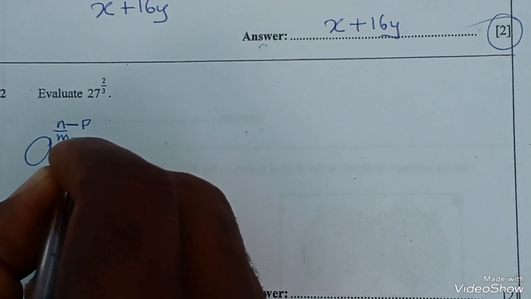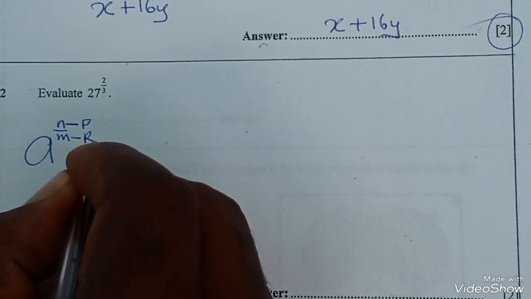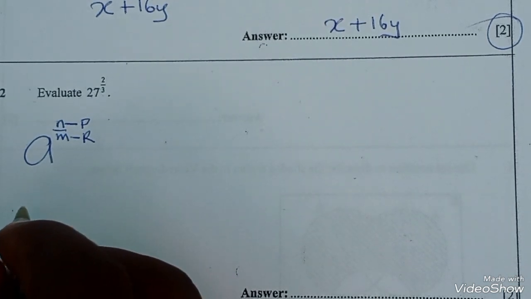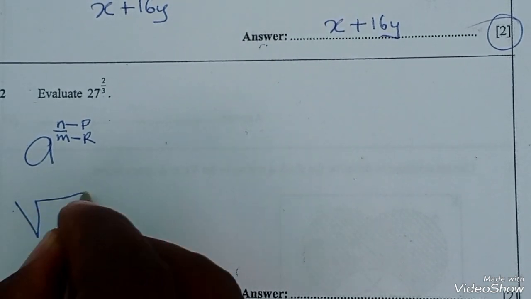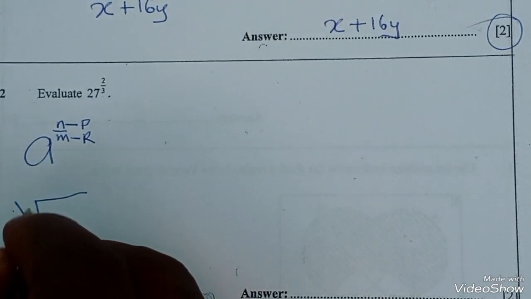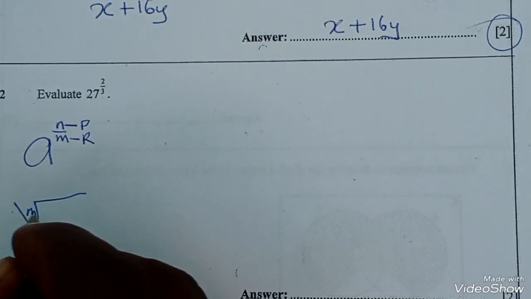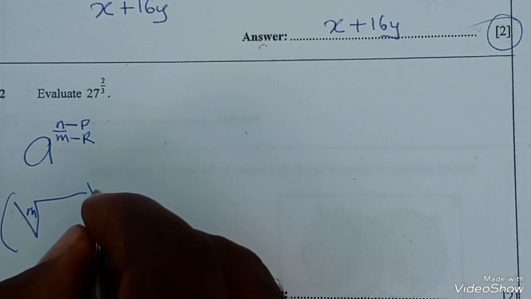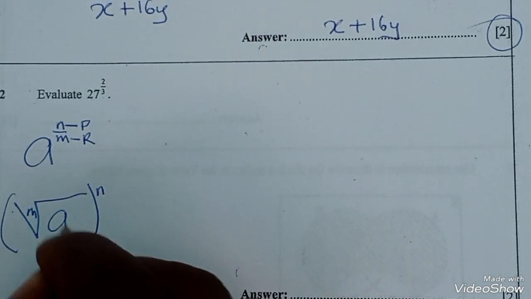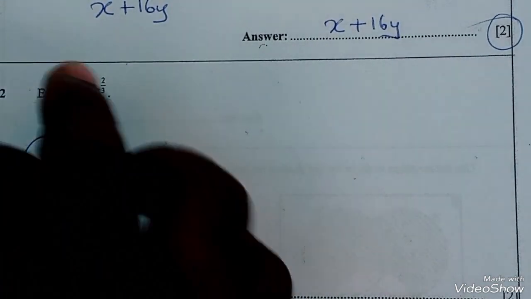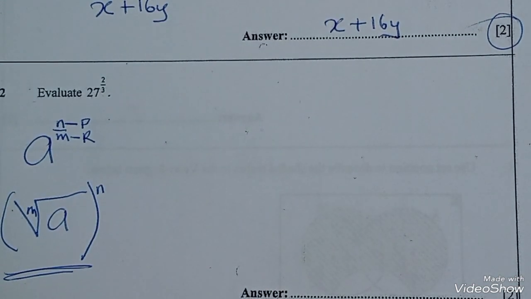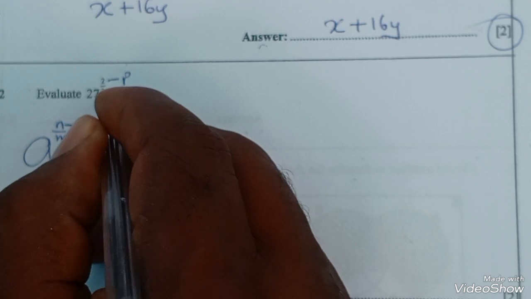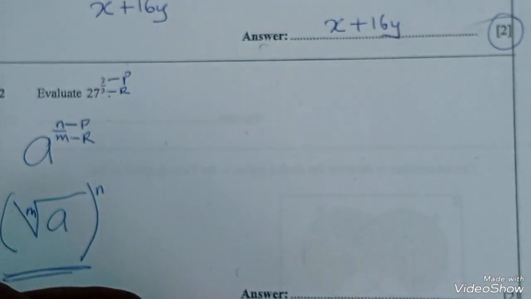The denominator is called the root. So you create the root, which is m, so it becomes the mth root. Then you have the power, which is n. The base is a. So this is the power, this is the root.